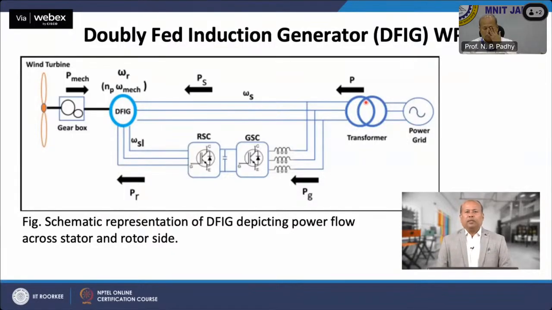Whereas during the synchronous mode of operation, there is no power injected or absorbed from the rotor and the entire power flow from the wind system is transferred to the grid via the stator itself. In summary, by controlling the RSC and GSC, the DFIG wind system can be made to function in all the three modes of operation.